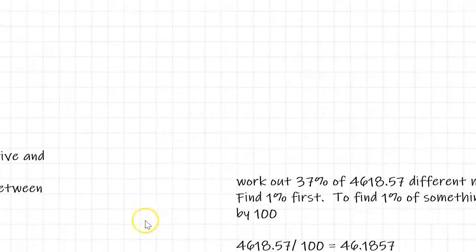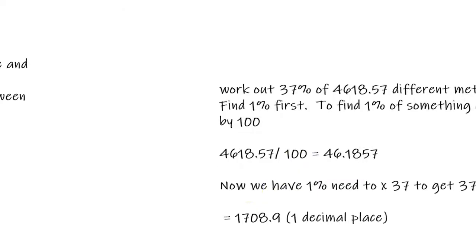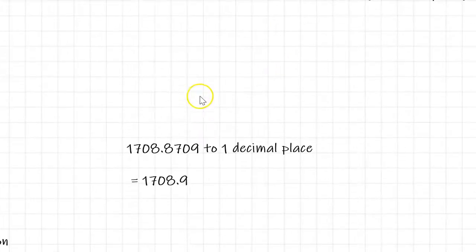So again, let's find out where I've done the explanation on that. There you go. Okay, so 1708.8709, that is 4 decimal places, and it's asking us to express it as 1 decimal place.